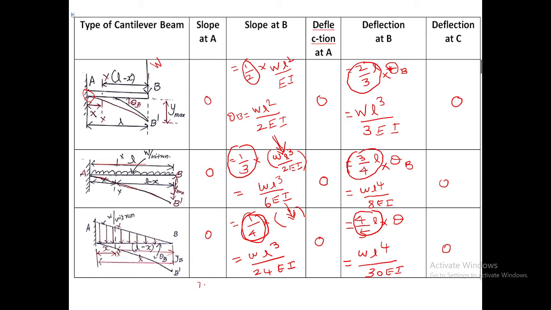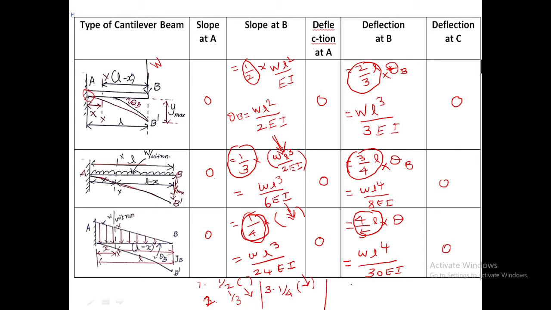So in slope, 1 by 2 into W L square by EI, 1 by 3 into the previous one, 1 by 4 into the previous one.